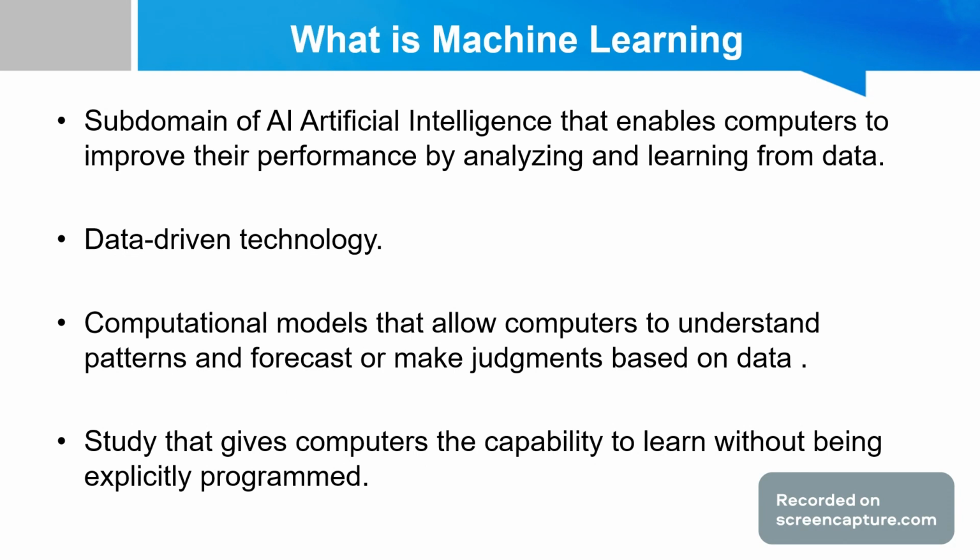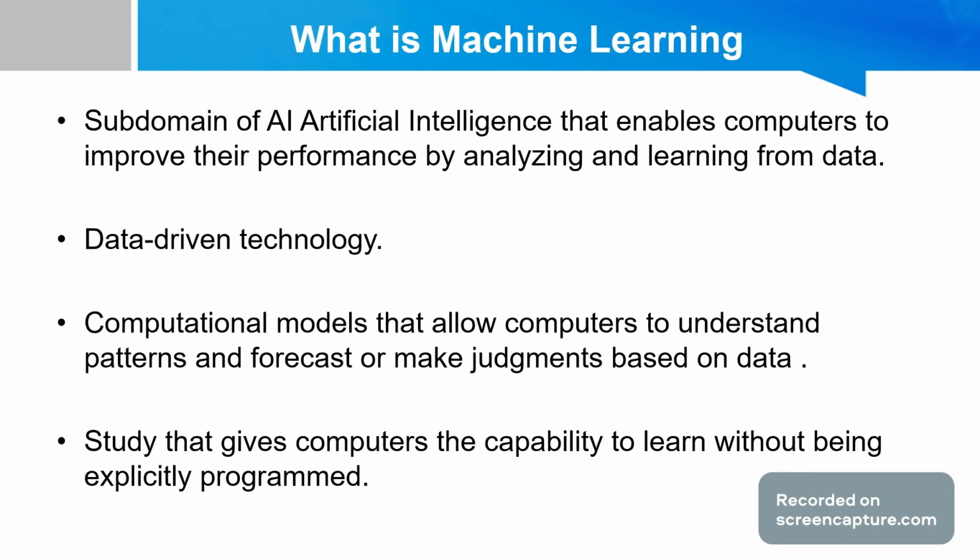It is a computational model that allows computers to understand patterns and forecast or make judgments based on the data, which means that based on previous data, we are allowing the computers to understand the pattern and forecast and give judgmental statements. It is basically a prediction.